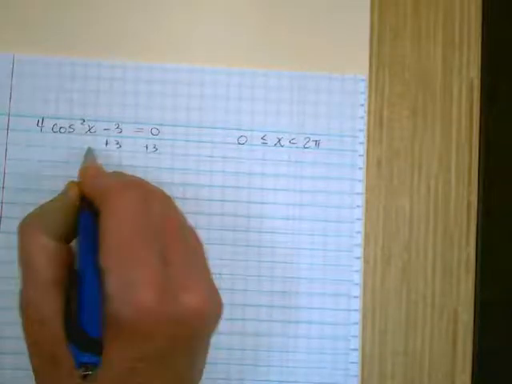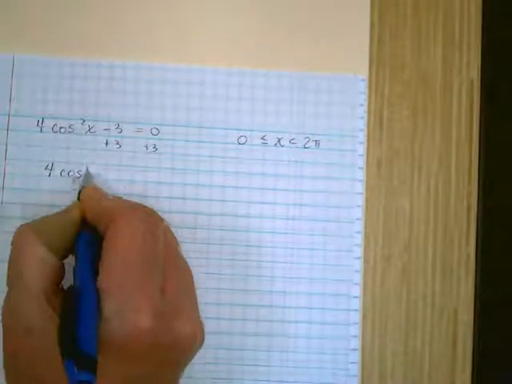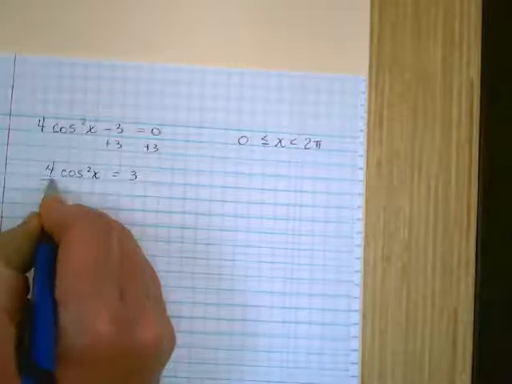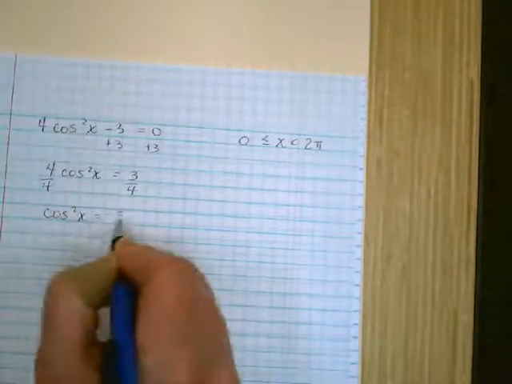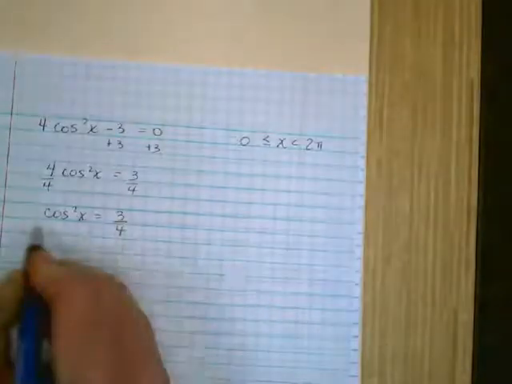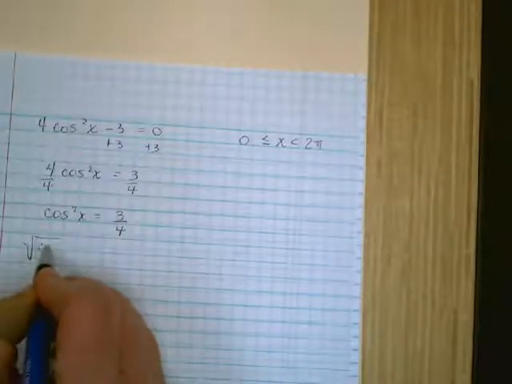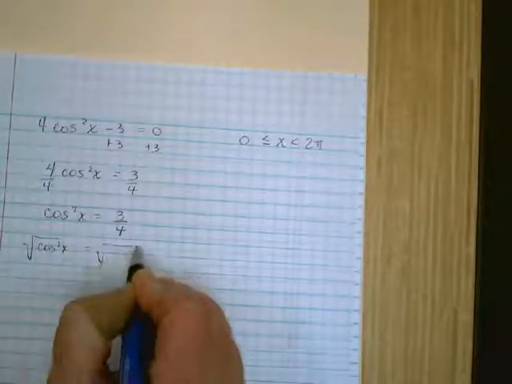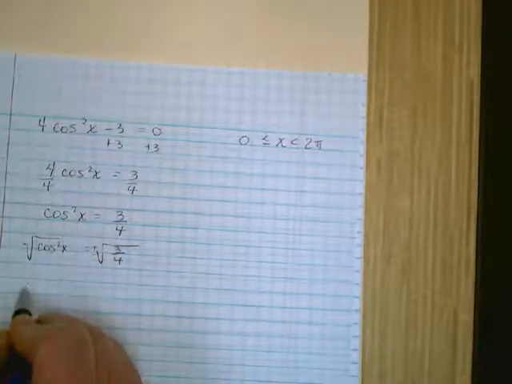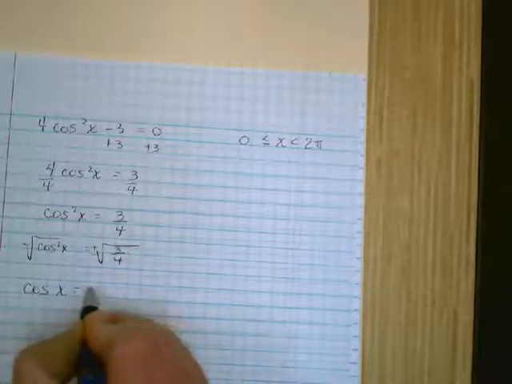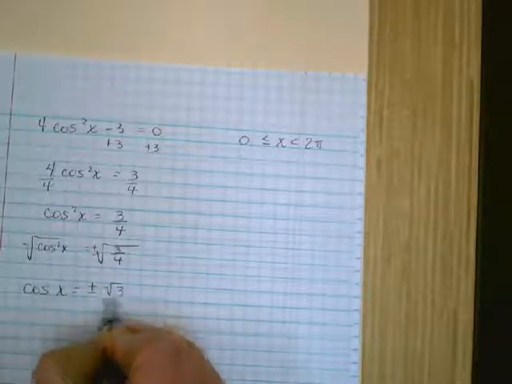So this says 4 cosine squared x equals 3. Divide by 4. Cosine squared x is 3/4. I'm going to take the square root, which is cosine squared becomes cosine, and then I have plus or minus the square root of 3 over 2.